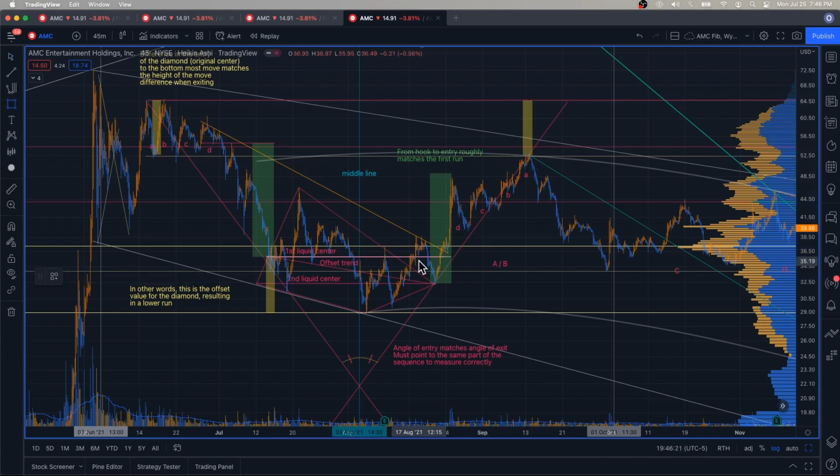Now, you might be thinking, well, I don't know about the math, because you could just take this value, the difference between the two liquidity zones. Why wouldn't you use that to try to find where this needs to be? I didn't test that because the other works so well, but you can see it's basically right where the original liquidity zone is for this.